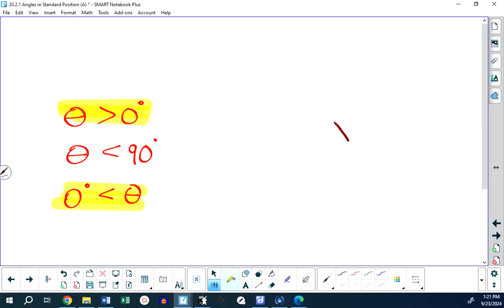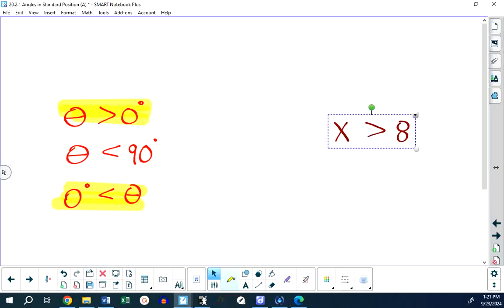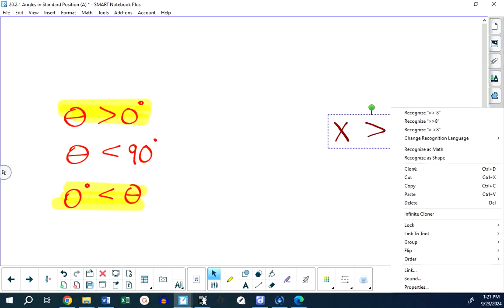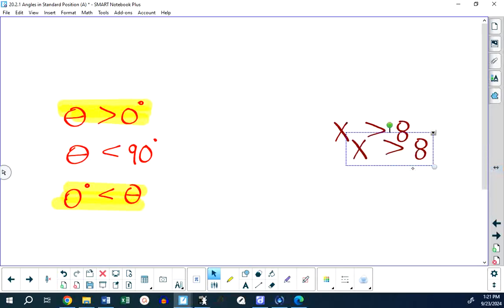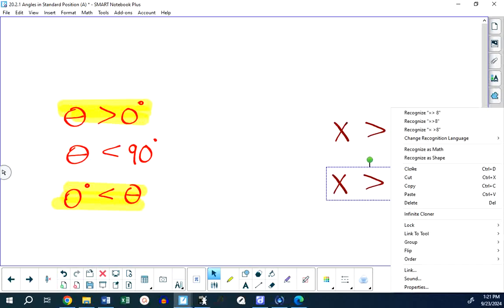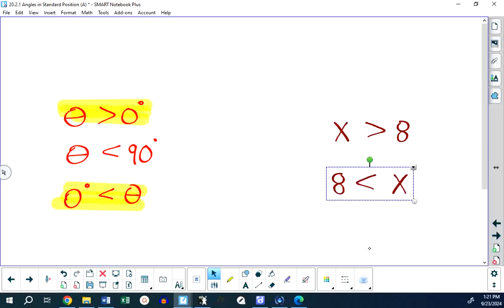If I told you that x is greater than 8, and you look at this statement in a mirror, this is what you would see, isn't it? And it says 8 is less than x. So all I'm doing is I'm reading this backwards. And that becomes important because I can do this now.